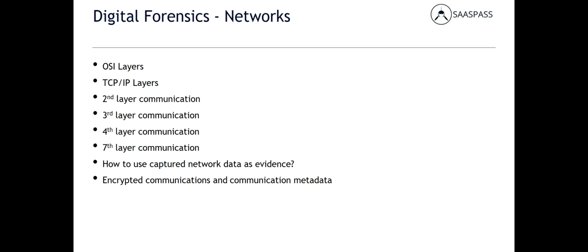So if you think of all these details, you have device-to-device communication in the second layer, you have the network in the third layer, you have the transportation in the fourth layer, and you have the applications in the seventh layer. What you should take care of when you are trying to capture network data as evidence? What you can collect from the second layer is the devices and the device addresses that are in the close vicinity.